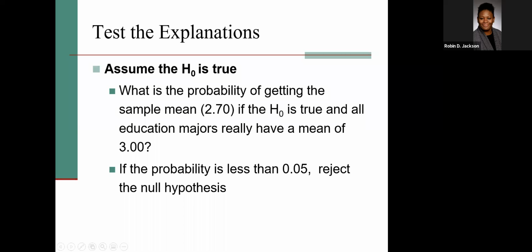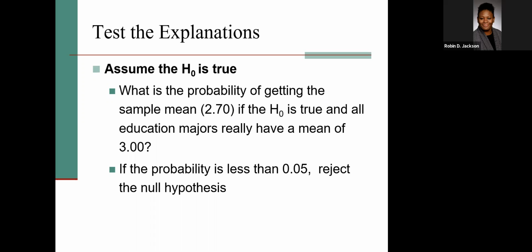Going back to our example, this is where we're going to start the process of testing the explanations, basically the null and the alternative hypothesis. Remember the education example from a few slides ago. Now remember, H subscript 0 is the null hypothesis. So here, we're trying to answer this question: what is the probability of getting the sample mean 2.70 if the null hypothesis is true and all education majors really have a mean of 3?